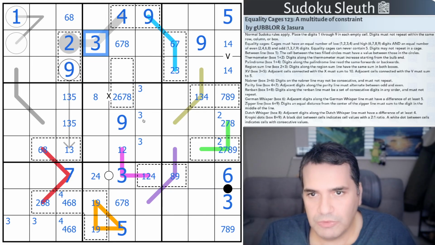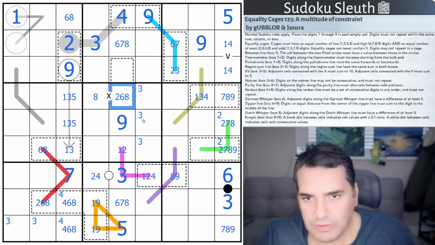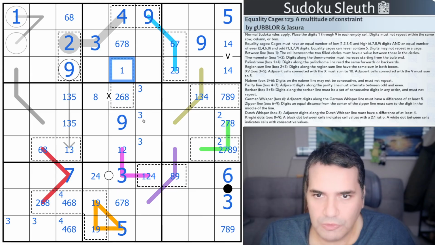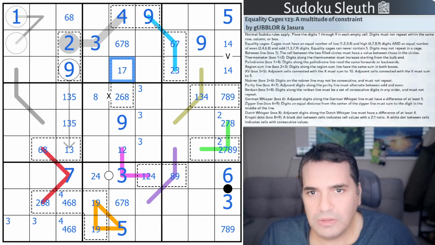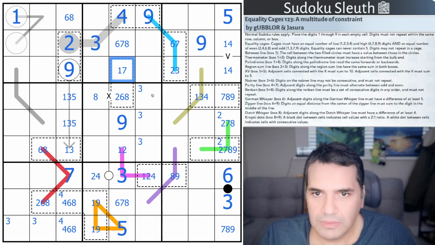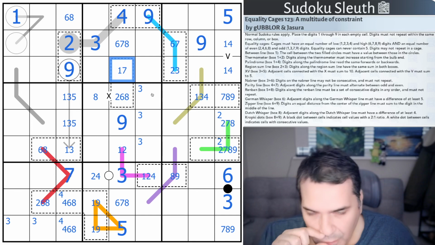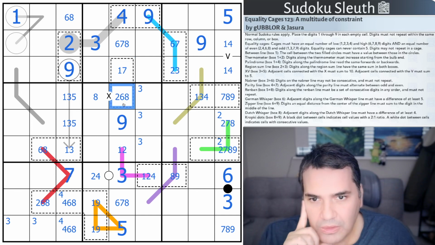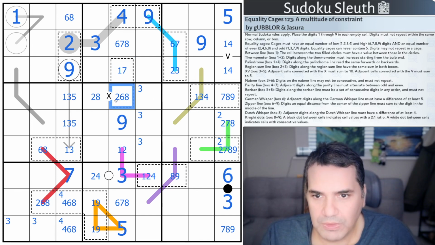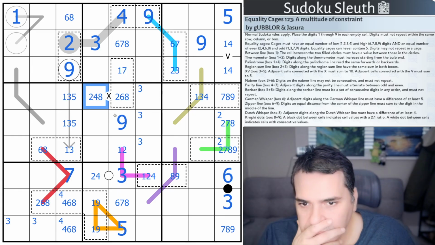Obviously can't be 7 because that can't be 3. So not 7. It'll be 6 or 8. So 6 or 8 will be the counter of the 1. The 2 would have a counter of a 7 in here. It can't be 9. So that'd be 1 or 7. And the 8 could have a 2. And the 6 can have a 4.